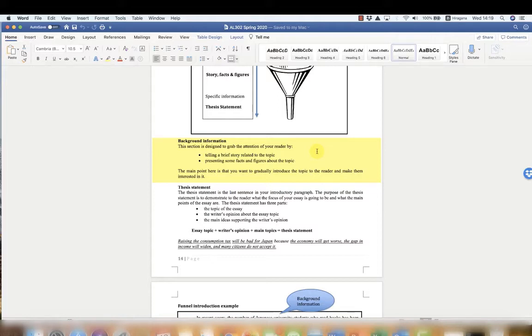If you don't want to read your own introduction, probably other people don't want to read it either. So make sure it's interesting. You can do that by telling a bit of a story, presenting some facts or figures, or a brief history of your topic. So you're gradually introducing your topic. You don't get straight to the main points of what you're going to write about.